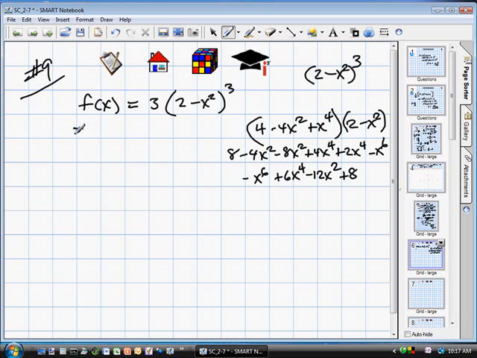So now I'm going to rewrite this, only I'm going to take this guy, this is the part that's cubed, and I'm going to multiply it by 3. And then I get negative 3x to the sixth plus 18x to the fourth minus 36x squared plus 24.